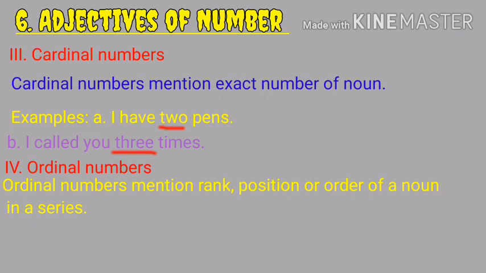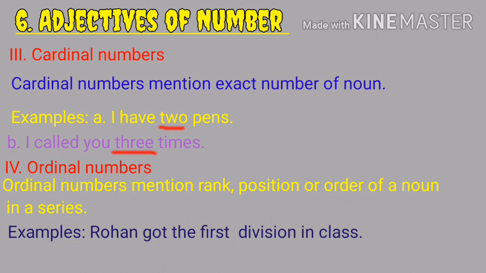Ordinal numbers mention rank, position, or an order of a noun in a series. For example, Rohan got first division in our class. In this sentence, the word first is ordinal number because it mentions first rank in the class.